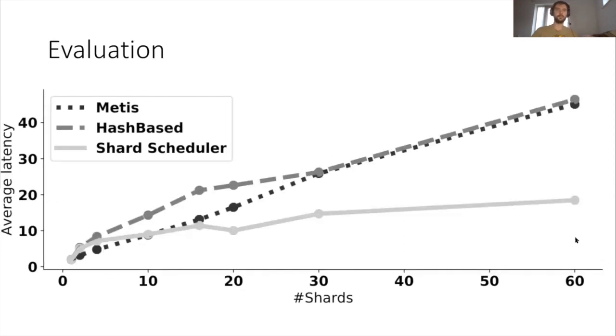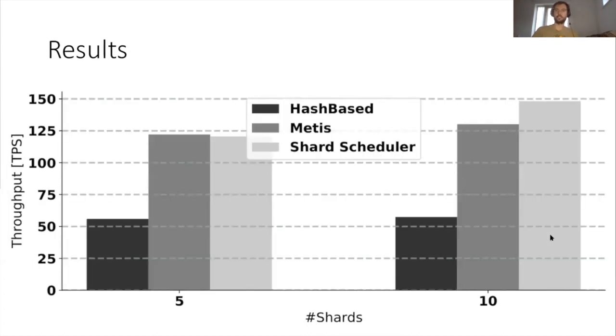With the higher throughput, we also experience lower average latency. In our experiments, we achieve up to 70% reduction in user perceived latency. And the general rule of thumb is that the more shards we add, the more effective shard scheduler becomes. We then implemented shard scheduler on top of Chainspace.